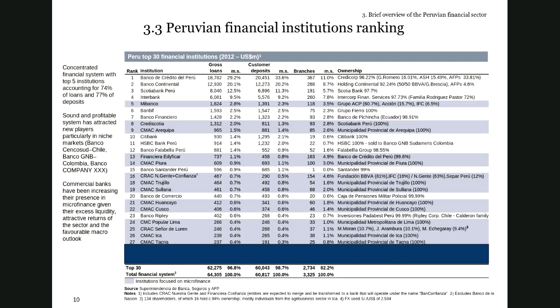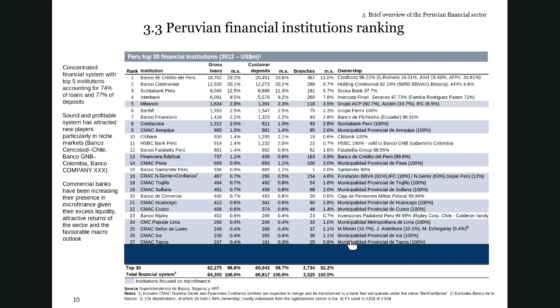This is a ranking of the whole financial sector. You have there banks, savings banks, financieras, and everything. You have, for example, to start the ranking, BCP, then you have BBVA Continental, Scotiabank, Interbank. At that time, Mi Banco was not yet part of BCP, etc. Okay, and what do you show?